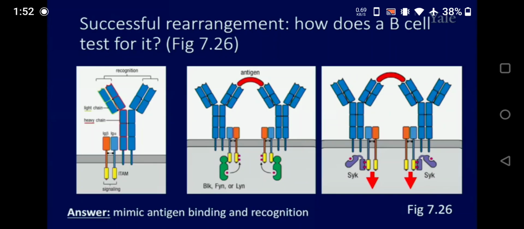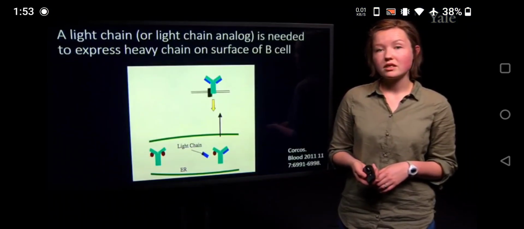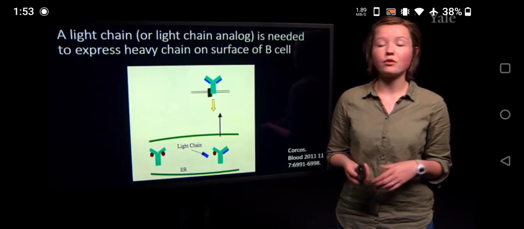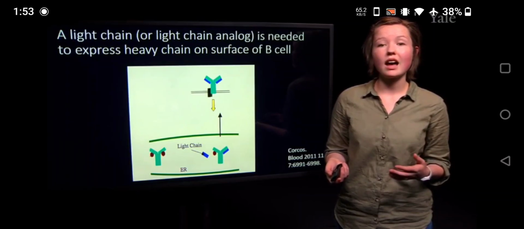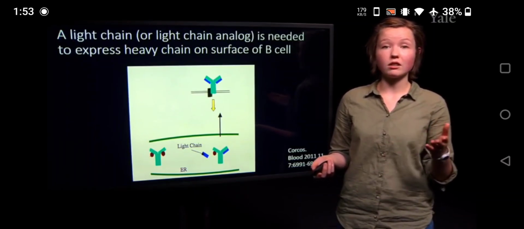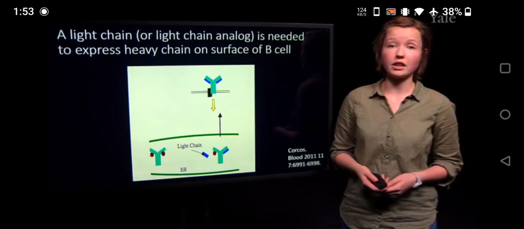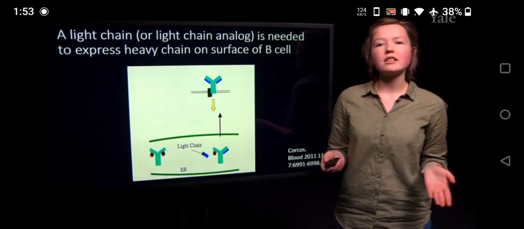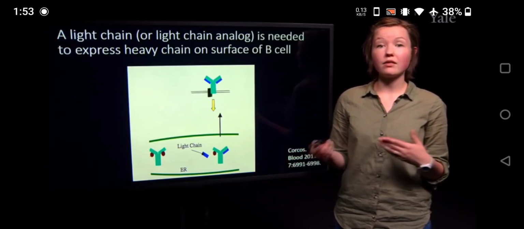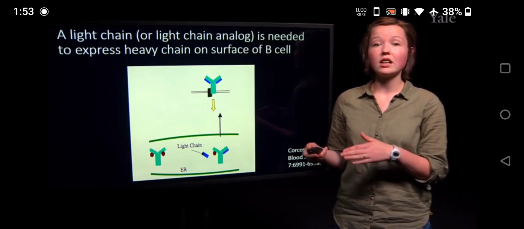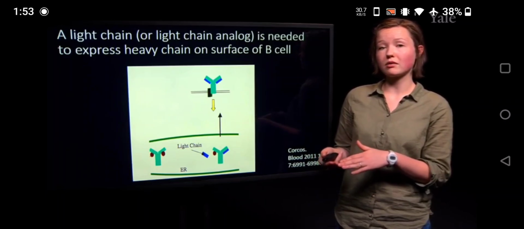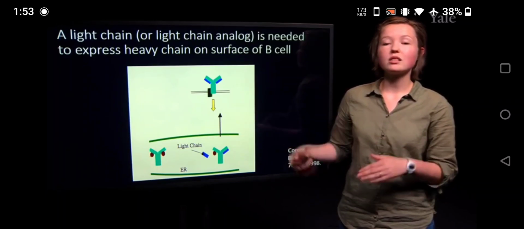Something that's important to keep in mind here is that for a B cell receptor to be expressed on the cell surface, we need to have interaction of a heavy chain, which we've already gone through the recombination events for, as well as a light chain. And this pairing of the heavy chain and the light chain is necessary for the B cell receptor protein to make it from the endoplasmic reticulum and to be exported to the cell surface.